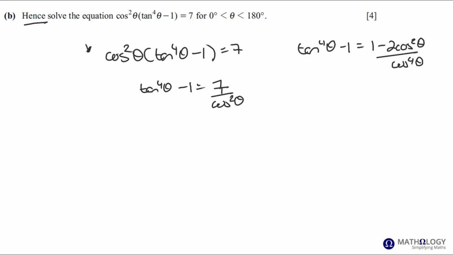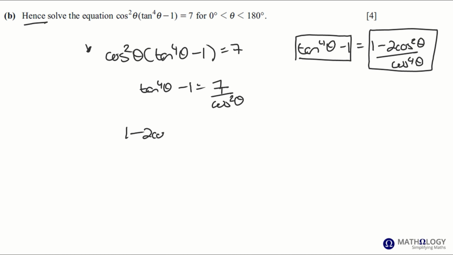The first thing we do is put it into this form, tan to the 4 theta minus 1, because we know that it is equivalent to that expression, 1 minus 2 cos squared theta over cos to the 4 theta. So 1 minus 2 cos squared theta over cos to the 4 theta equals 7 over cos squared theta. Now we've only got a single trig ratio here, cos, which means we manipulate and solve.